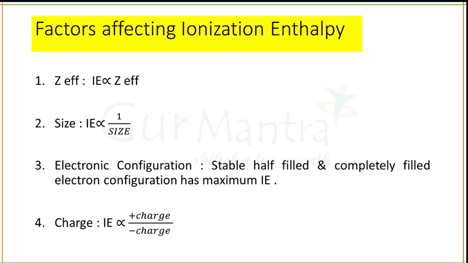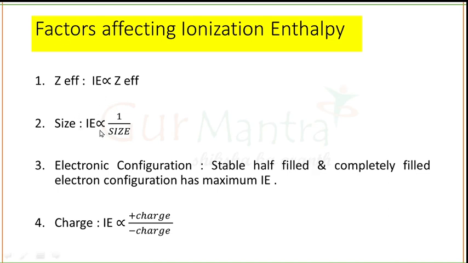There are many factors which affect the ionization enthalpy. Number one factor is Z effective. As you know, we have learned about Z effective. Ionization enthalpy is directly proportional to Z effective, which means as you increase the value of Z effective, the value of ionization enthalpy will gradually increase.